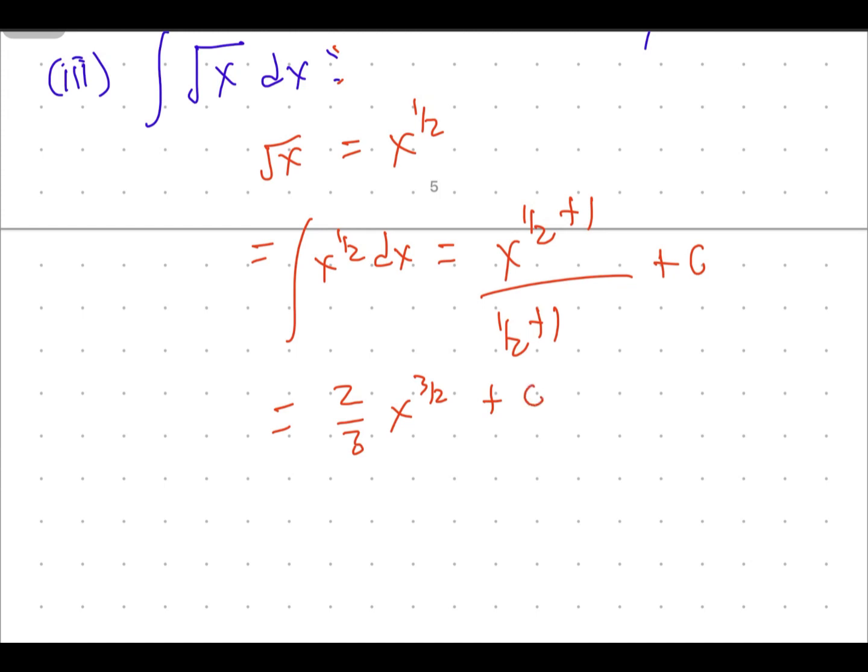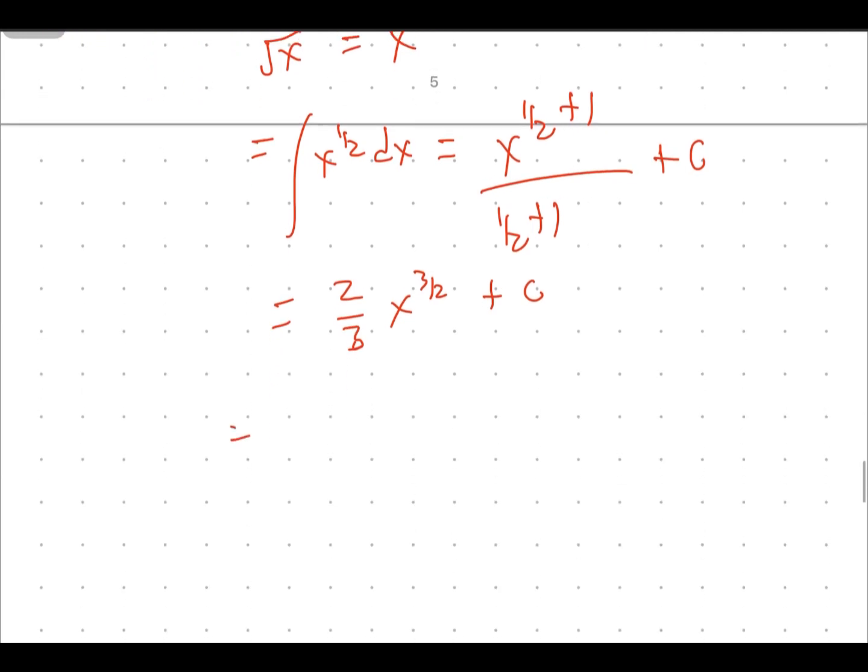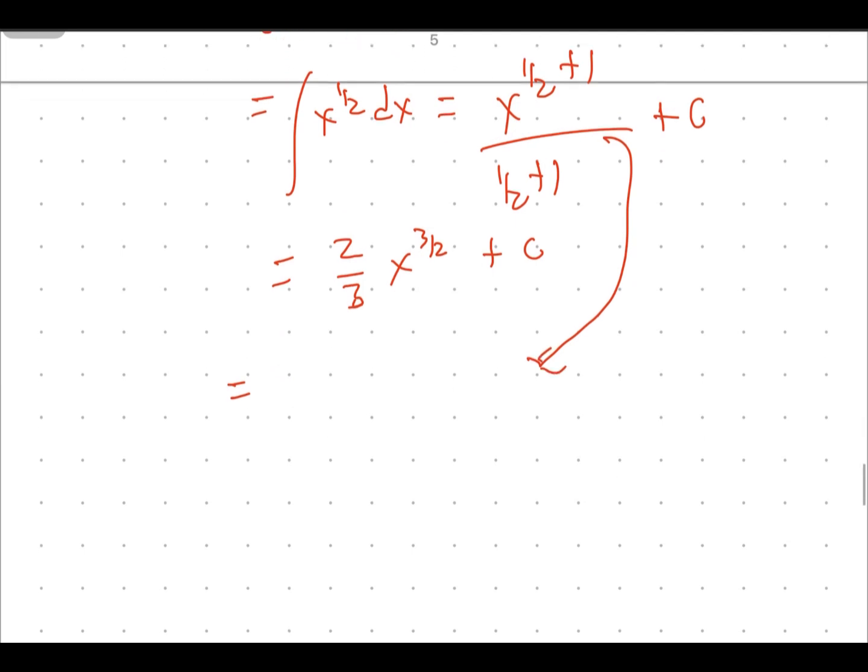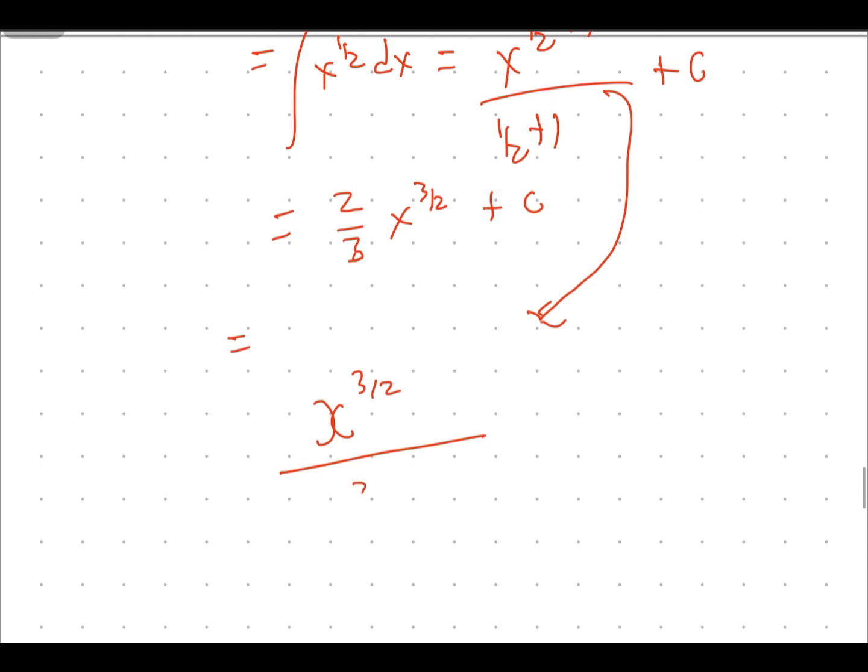Remember that I did the reciprocal here, right? Let me rewrite this. So taking here, you are going to get x power 3 over 2 all over 3 over 2.